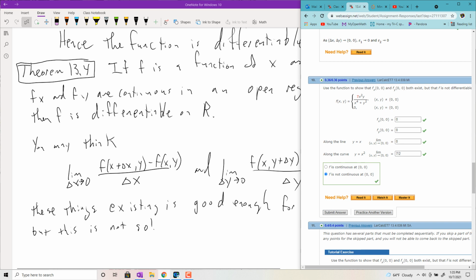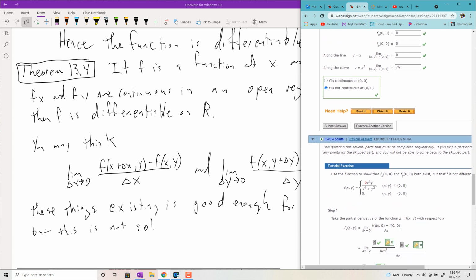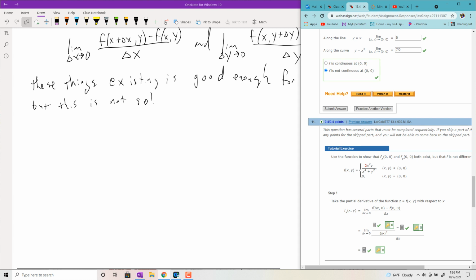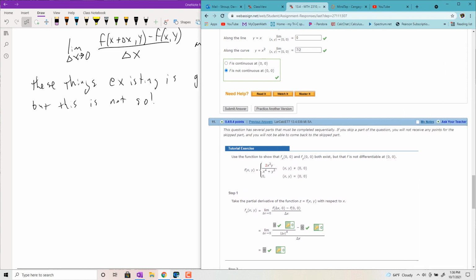Oh yeah. Oh, so this one, yeah. Maybe we should look at number 11. So they want you to show that the derivative with respect to x at 0, 0, and the derivative with respect to y at 0, 0 both exist, but then f is not differentiable at 0, 0.